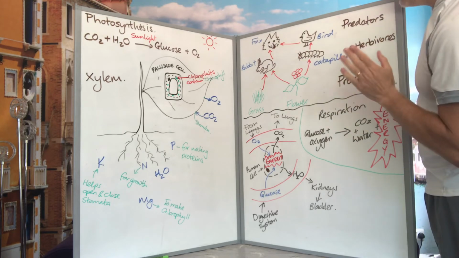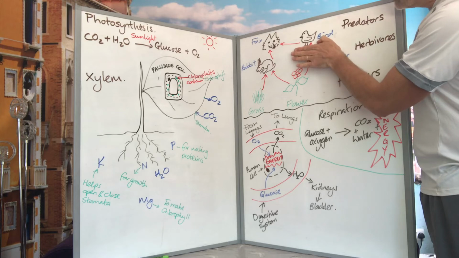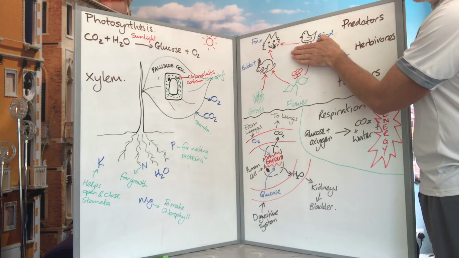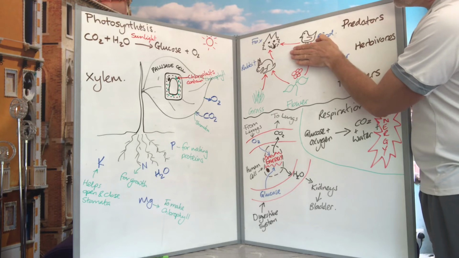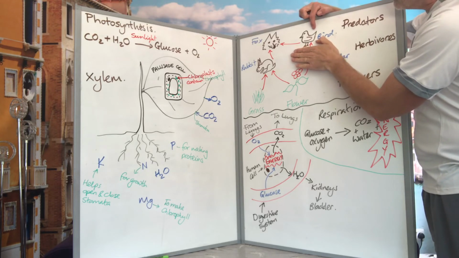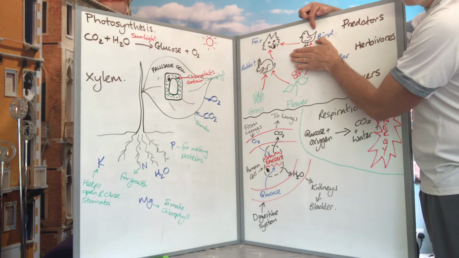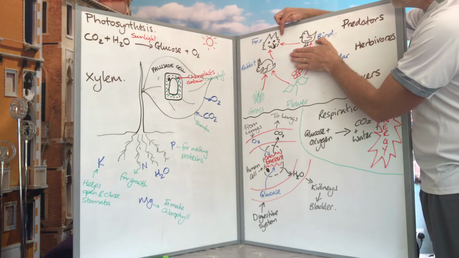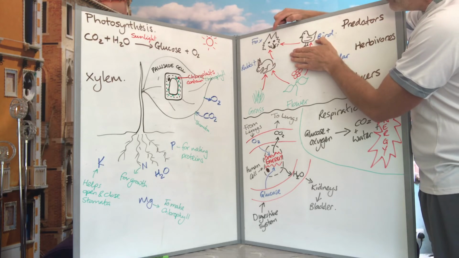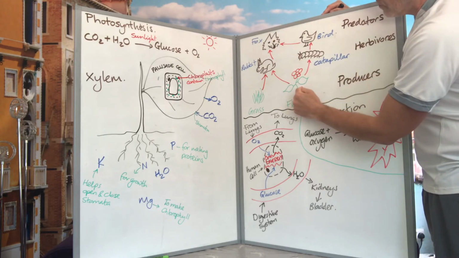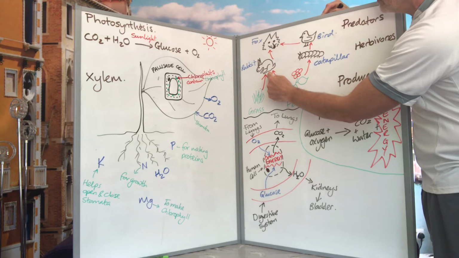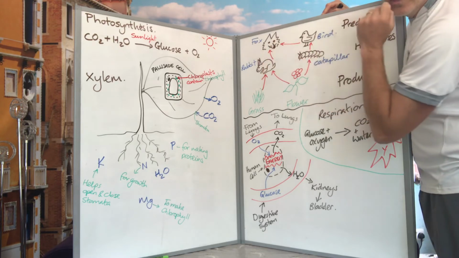Okay? What happens if we take away the caterpillars? They all die from a nasty disease. What's going to happen? Well, the birds will have less food, so there'll be fewer of those. And that will affect the number of foxes. However, the rabbits will have more food because they'll eat more of the flowers. So there'll be more rabbits, which will feed more foxes.